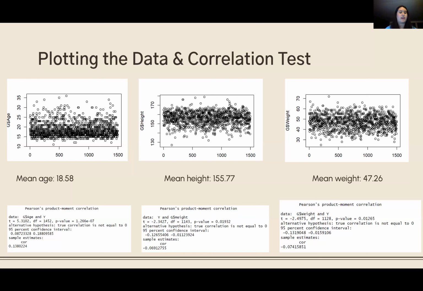And then the t-test was 5.3, and also the p-value was less than 0.05. And also for the height, the correlation is close to -1, and the t-test is very small. And then the weight, the p-value is also less than 0.05.